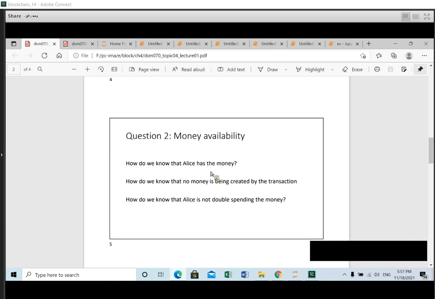In another cryptocurrency like Ethereum, every address is associated with a balance like real banks, okay? So by simply checking the balance of, for example, Alice, every node can check whether Alice has enough money or not.